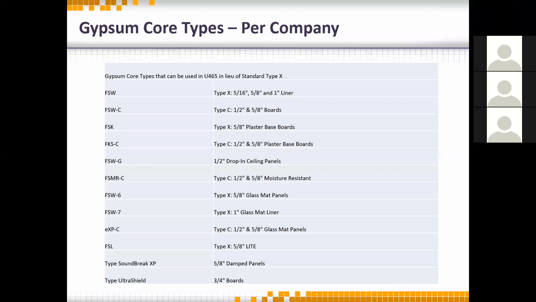Maybe it has an additional scrim in it, fiberglass mat, to be used for the abuse boards. The sound boards, several of them on the marketplace now, have polymers in them. So all of those things are going to perform differently in a fire, and UL says we want you to test that before we approve it. So that's why we have all of these codes.